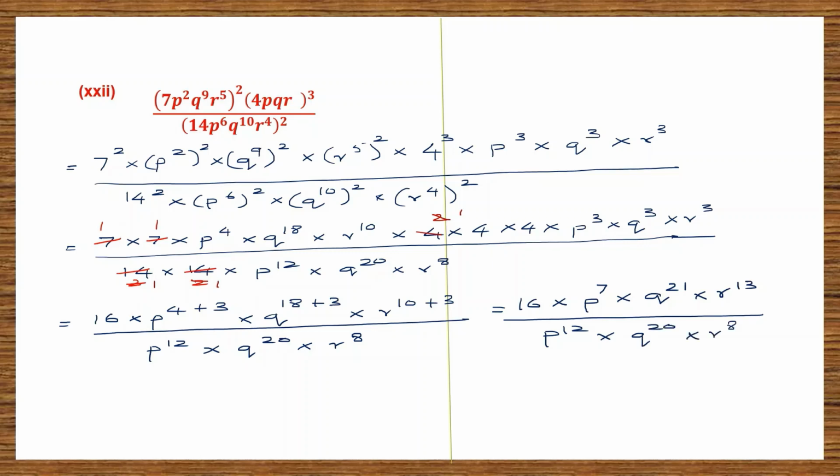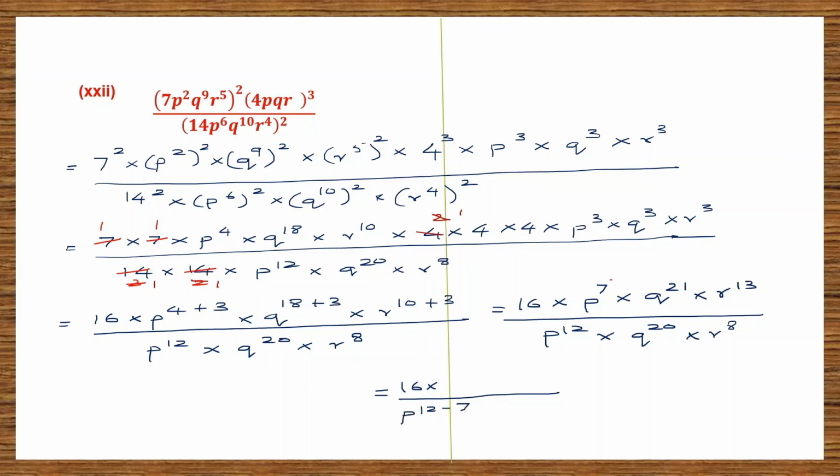So now this is going to be 16 into, now here we have p to the power of 7 and here we have p to the power of 12, which is division. That is p to the power of 7 divided by p to the power of 12. So remember, when it is division and the base is the same, we do subtraction. So the smaller number is subtracted from the bigger number. So that means we have p to the power of 12 down there. So it becomes p to the power of 12 minus 7.